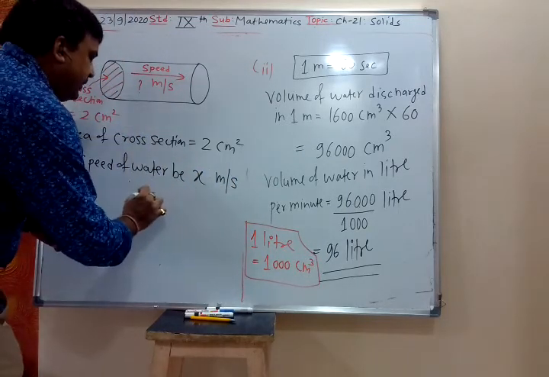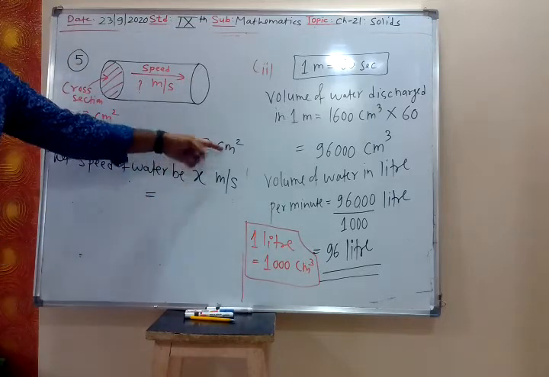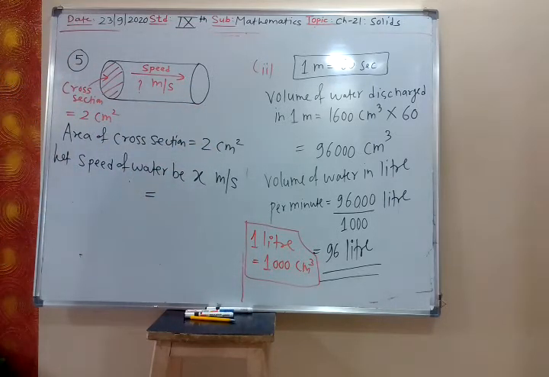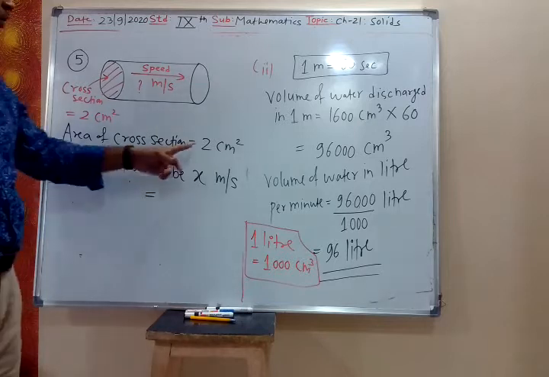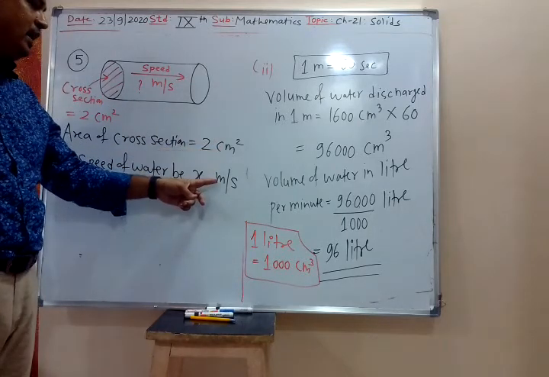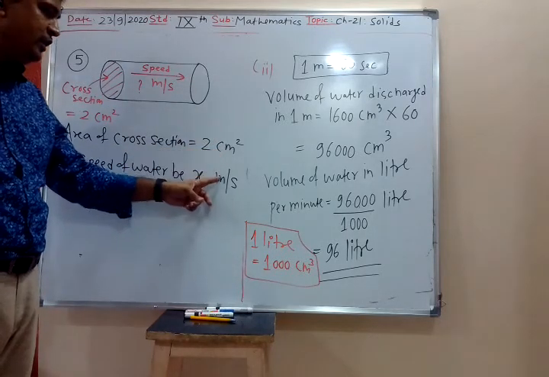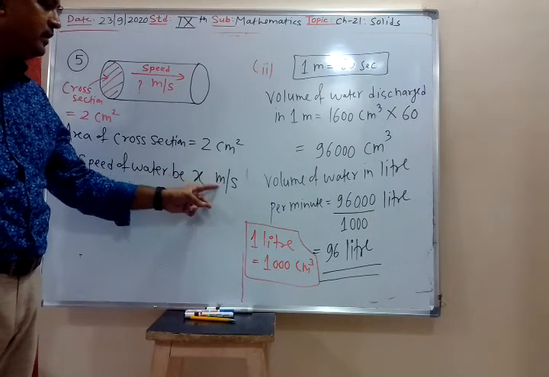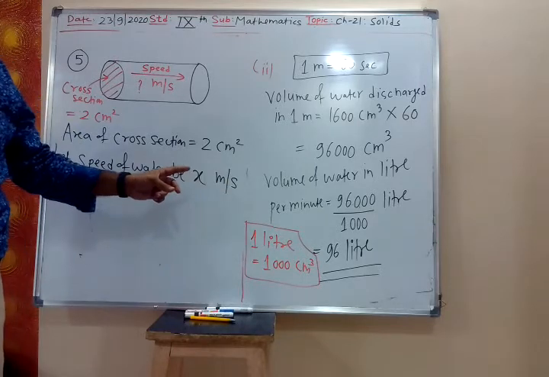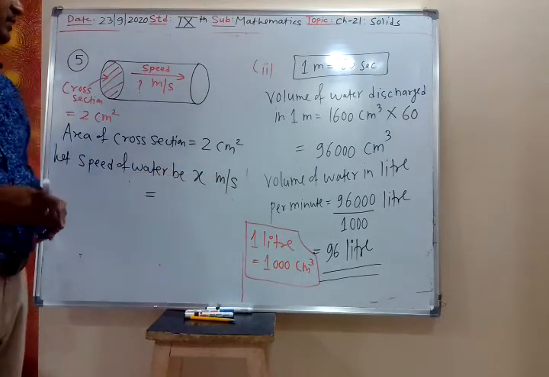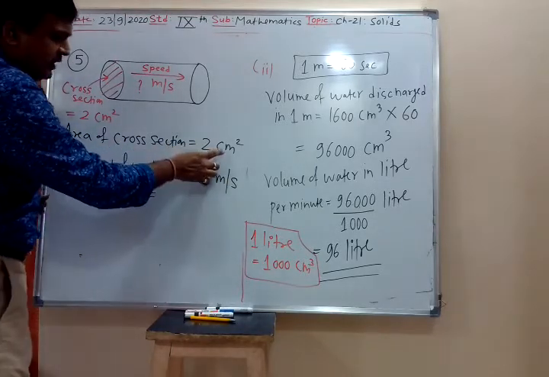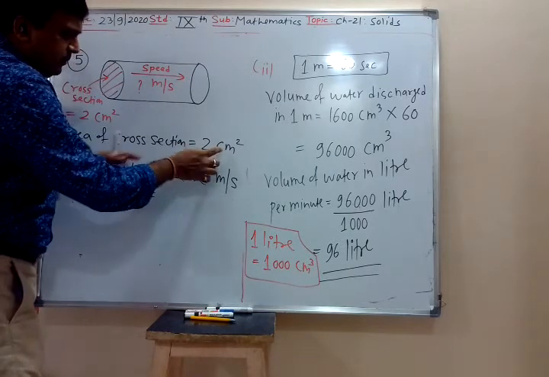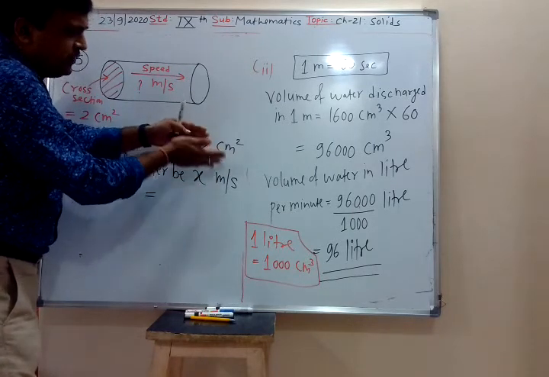But see, one unit is in centimeter and the other unit is in meter. So this meter you have to convert into centimeter, because both the units should be same.